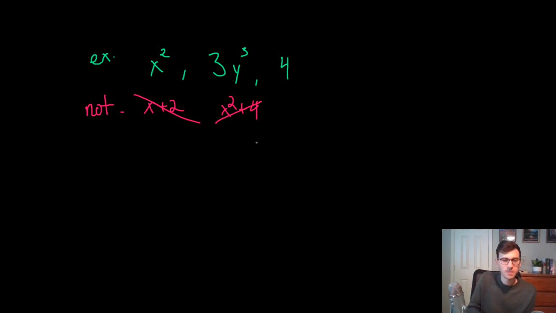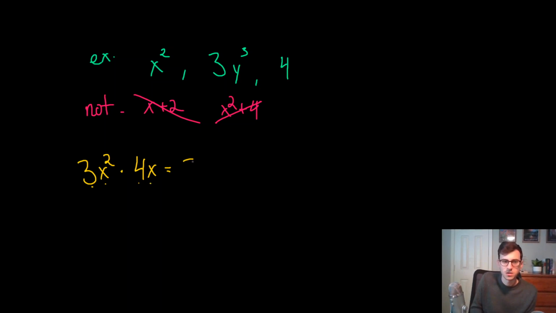Okay, so what happens if I'm multiplying monomials? Like this. What if I have 3x squared times 4x? Well, I multiply my numbers and I multiply my unknowns.